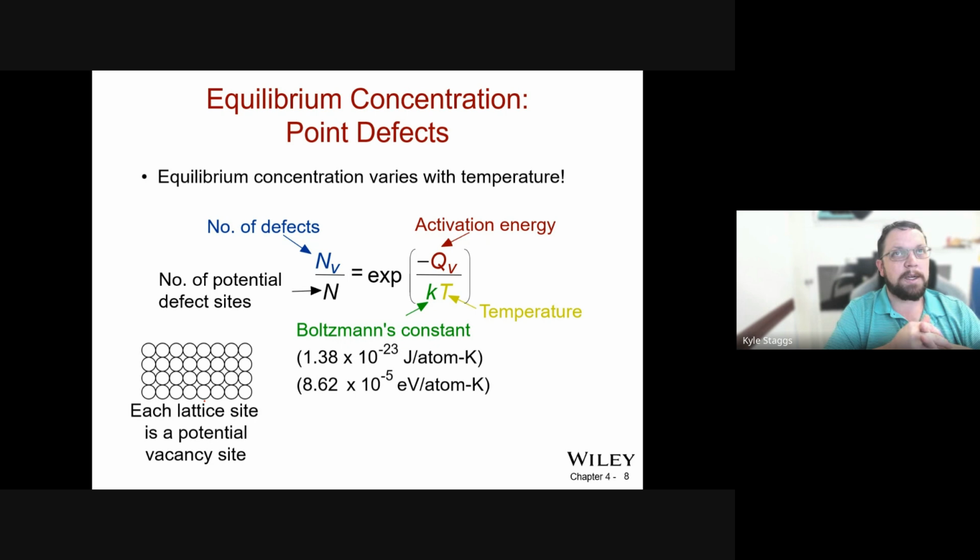So whether you're trying to understand the electrical activation energy for conduction or the thermal conductive energy for the temperature basis, those defects are going to change. That gives you some of a range of what's happening there.